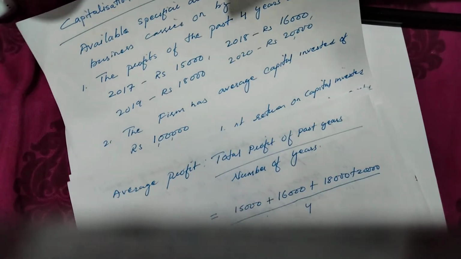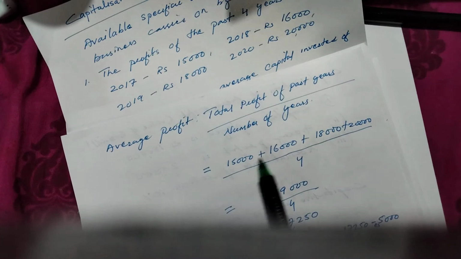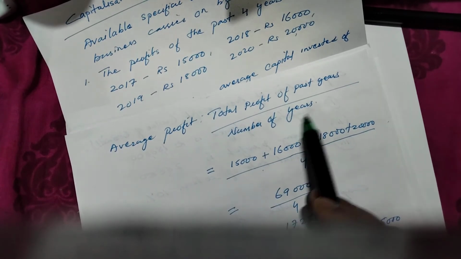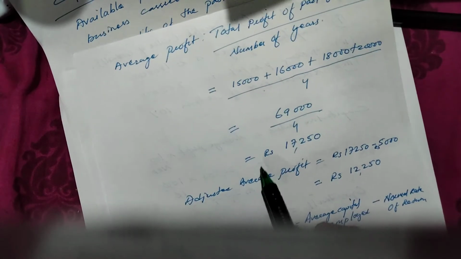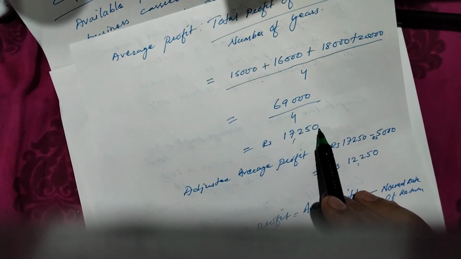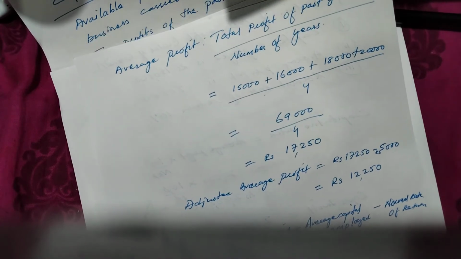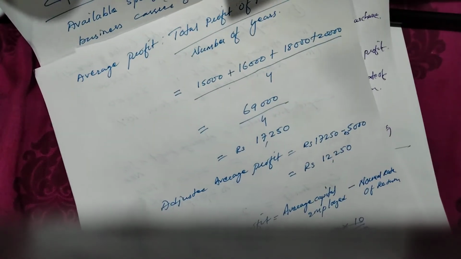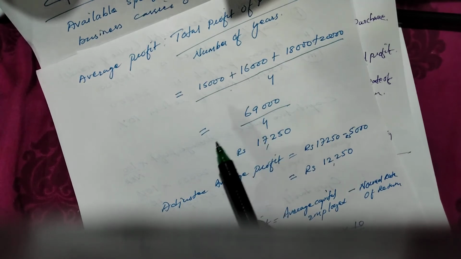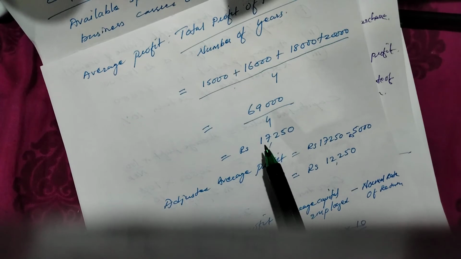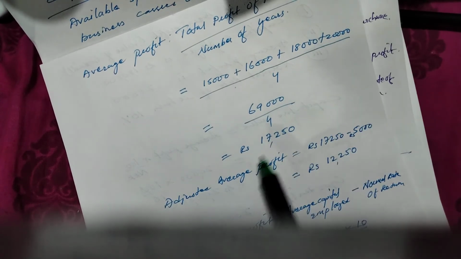So you simply add 15,000, 16,000, 18,000, 20,000 and divide by the number of years, which is 4. When you calculate, it will be 17,250. Now you have to see whether adjustments are there or not. As I have already told, while finding average profit, if there are abnormal losses or abnormal gains, you have to deduct or add them.